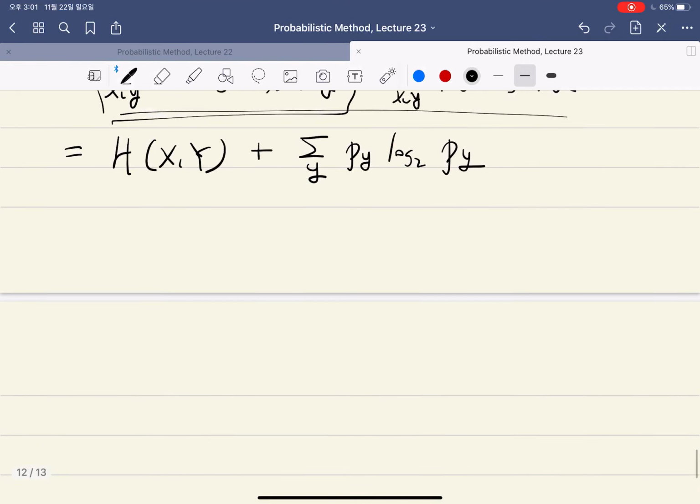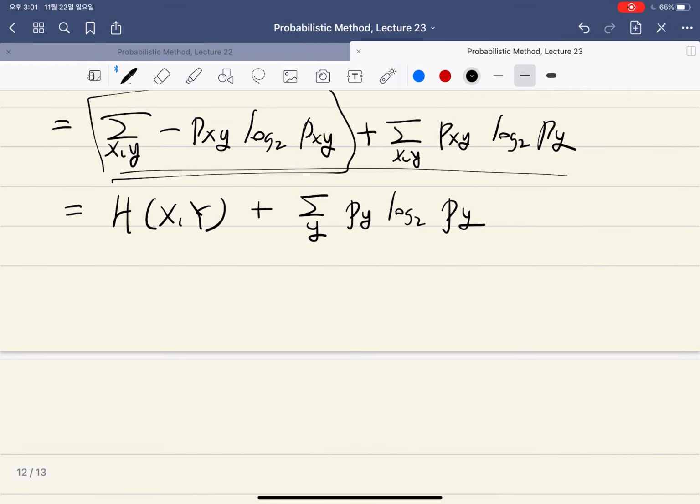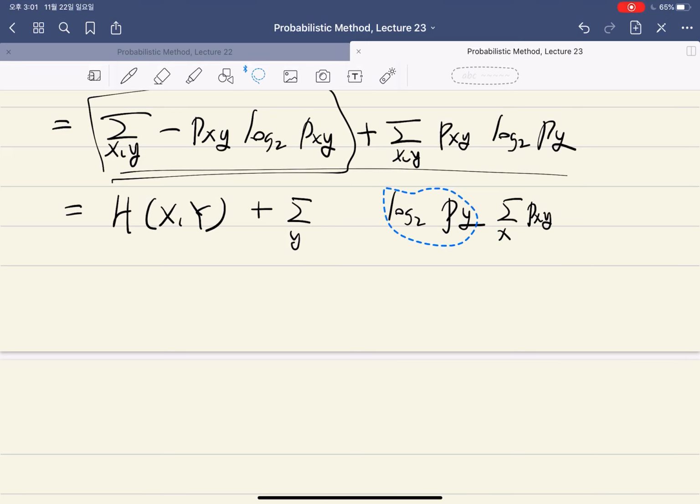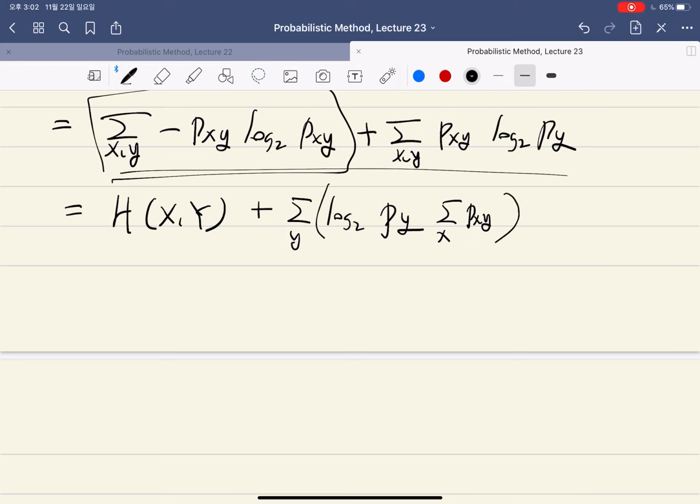So this is what we have. But this you can write as a summation over y, summation over x of Pxy, because this part depends on x, and this part doesn't depend on x. So this is what we have. And what's this? This is nothing but Py.